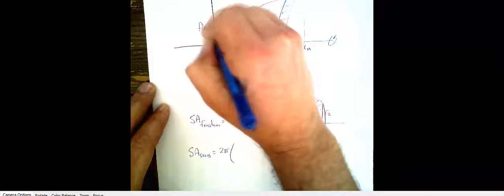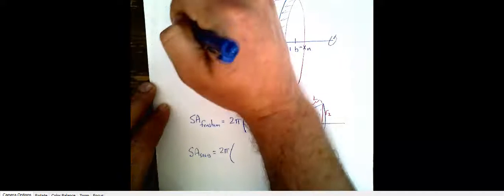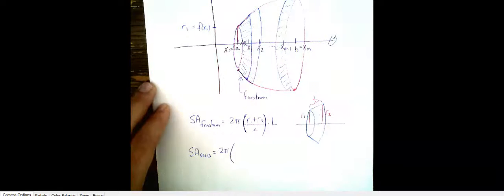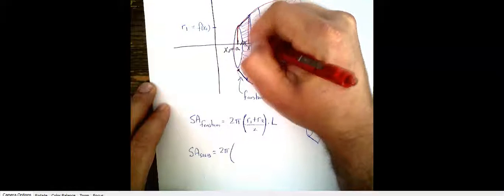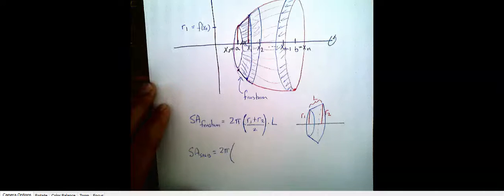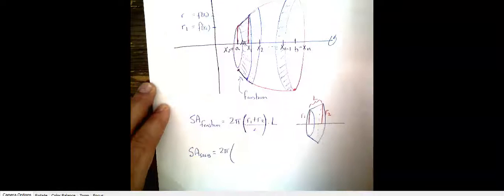So this would be f of x0. That would be our R1, let's say. And then the radius of the lower base of that first one would be f of x1, right? That would be our R2. Okay.